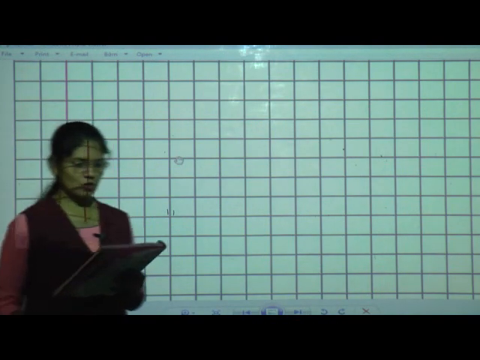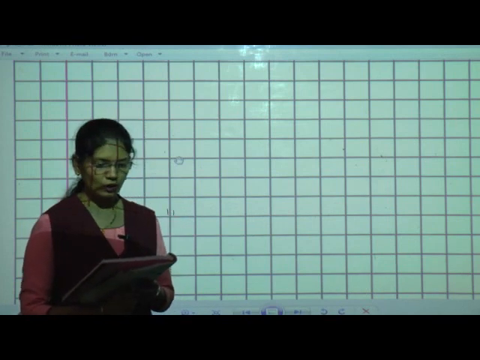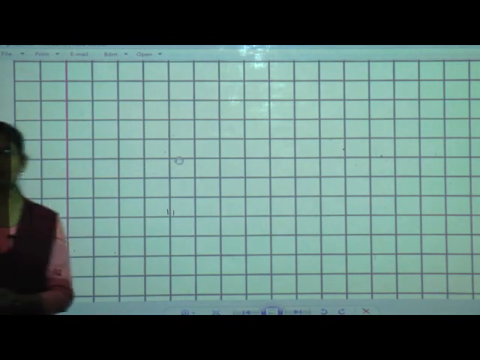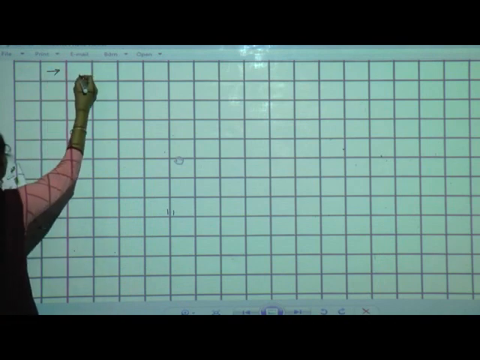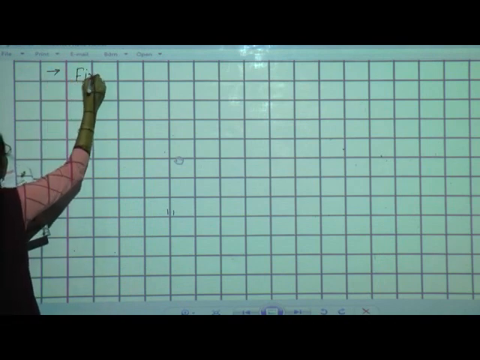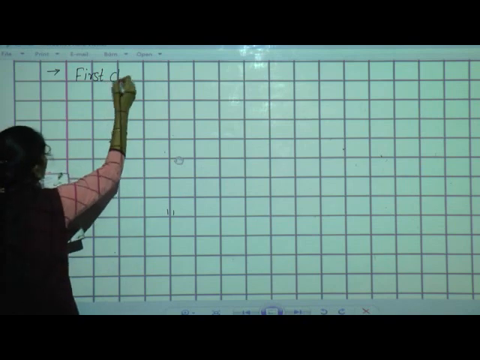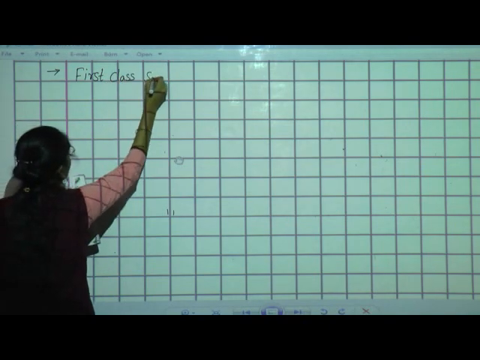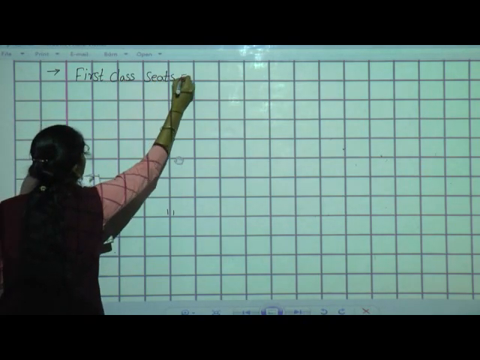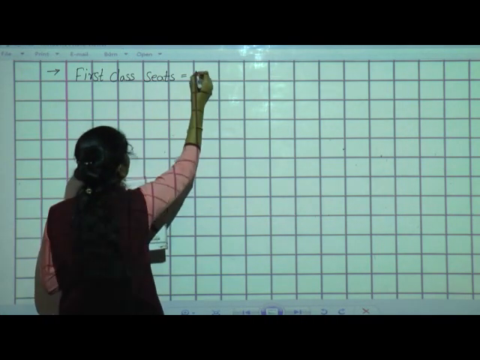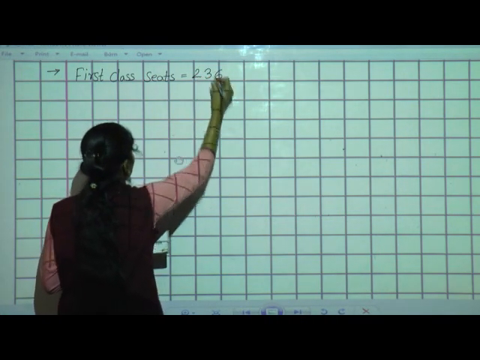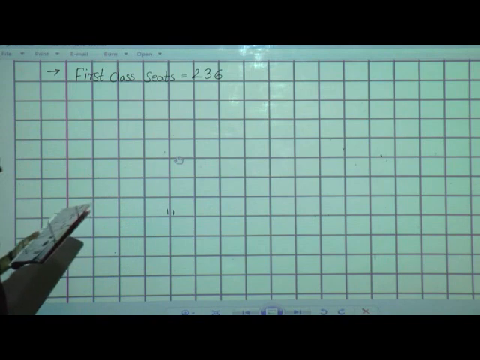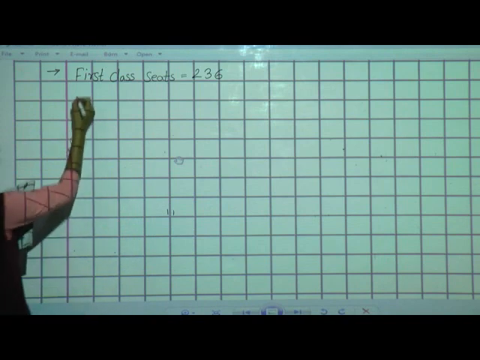Keep the textbook in front of you. In a train, once again read the question. In a train there are 236 first class seats. How many first class seats are there? First class seats is equal to 236, and 848 second class seats.